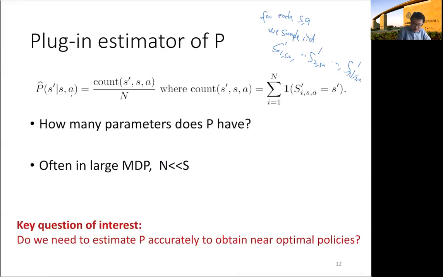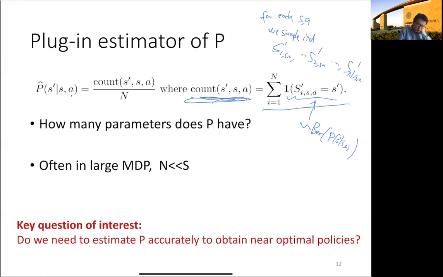Then using this indicator vector, you can write this counting as the summation of Bernoulli random variables. Each individual random variable is drawn from a Bernoulli with probability P of S prime given S, A.